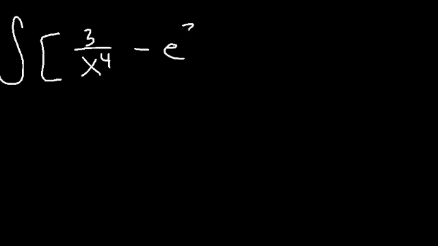Let's try one more. So let's say if we have the integration of 3 over x to the 4th minus e to the 3x plus 2 over 5 minus 4x.